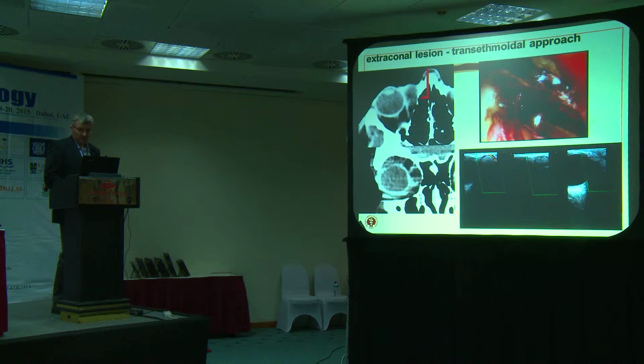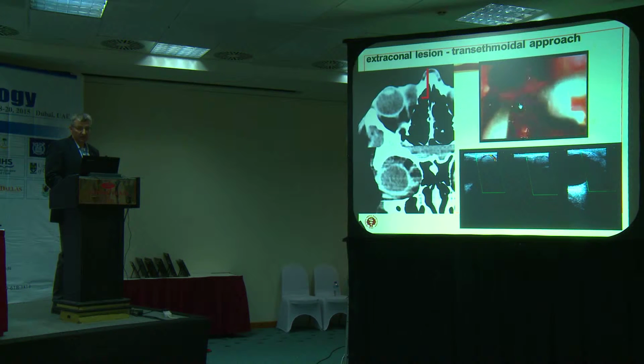Some other lesions. When we have extraconal lesions, located outside the muscular cone of the orbit, like hematomas, cystic lesions, or abscesses, they are quite easy to access, because after removal of the lamina papyracea, we get full access to the lesion, and pulling it gently, we can dissect the cyst from the surrounding tissue of the orbit.